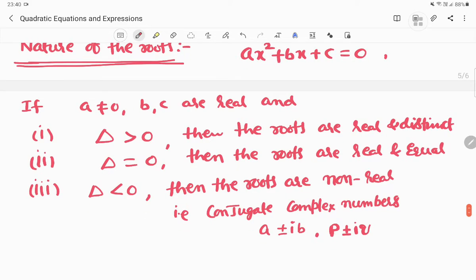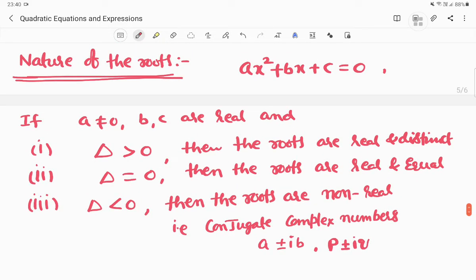This is about the nature of the roots. When delta is greater than 0, the roots are real and distinct. Equal to 0, real and equal. Delta less than 0, the roots are non-real, that means conjugate complex numbers like a plus or minus ib, p plus or minus iq.